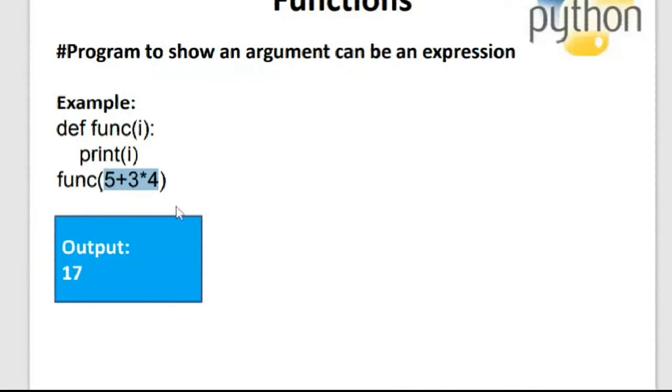Among plus and star, star is of higher priority. So 3 into 4 happens, which is 12. 12 plus 5 is 17. So I got 17 over here. 17 is passed to this particular i, and when I said print i inside the function, 17 is printed on the screen. I can also pass expressions in the function call.